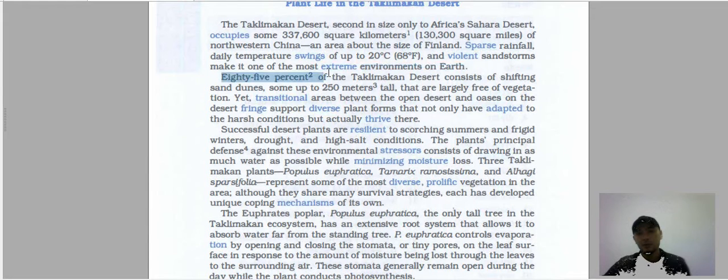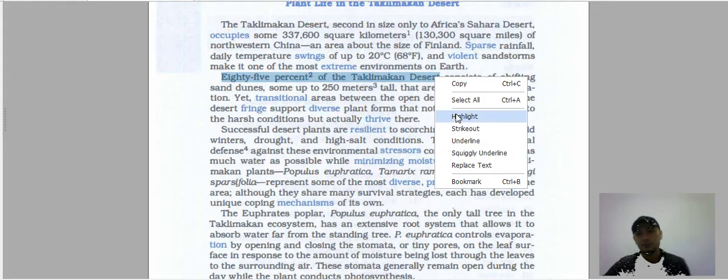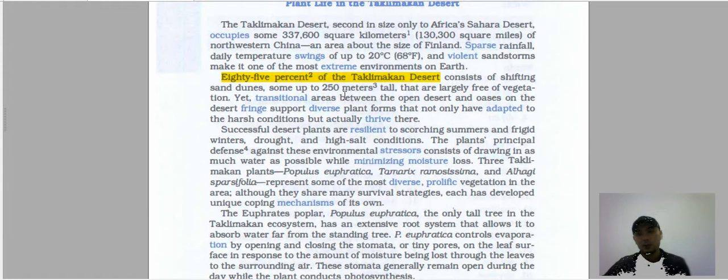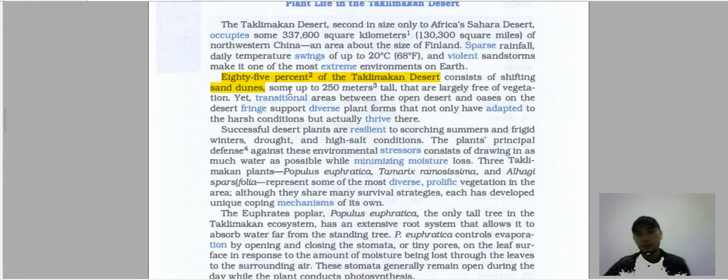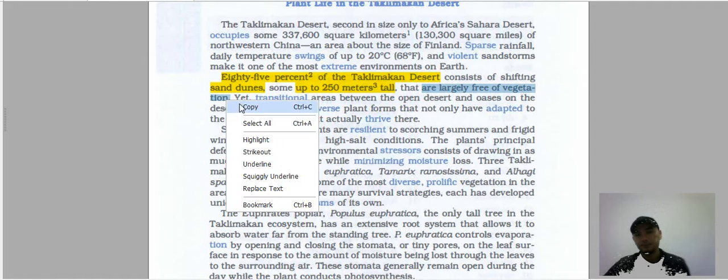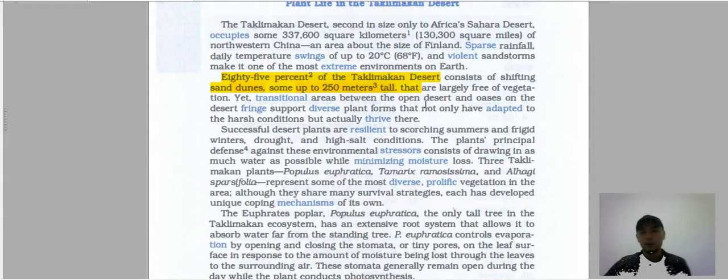And 85% of the Taklamakan Desert consists of sand dunes. Highlight. Meters tall. Highlight, free of vegetation. Highlight. Okay, and my friends, let me stop here because I have already found all the keywords.